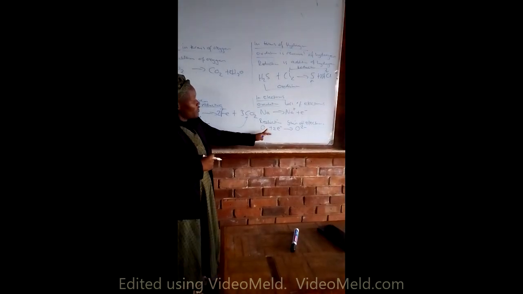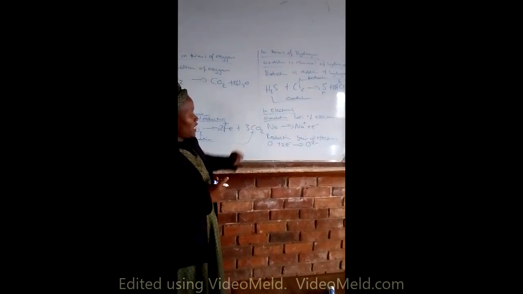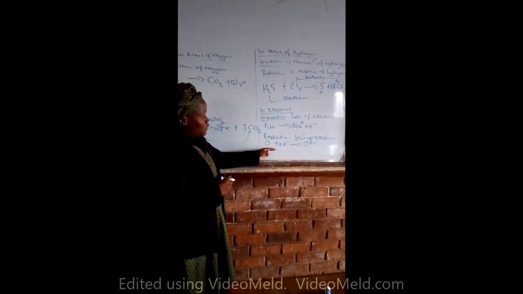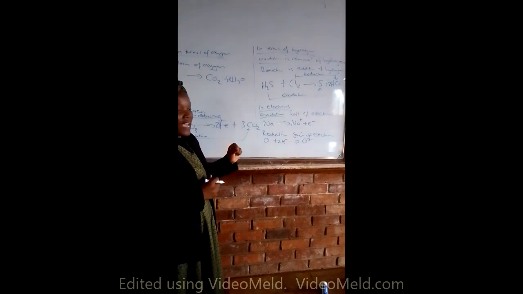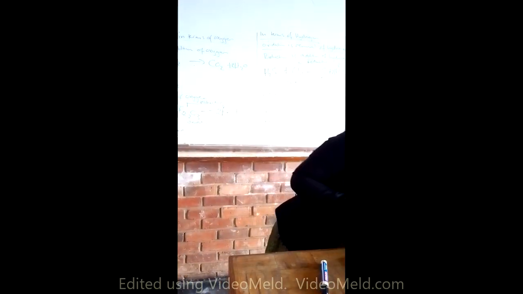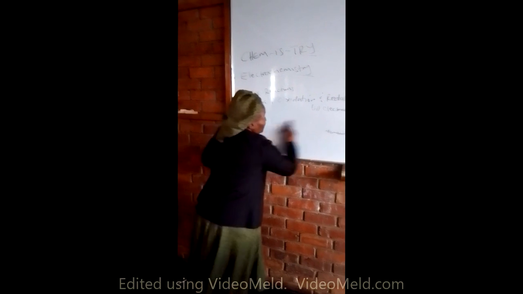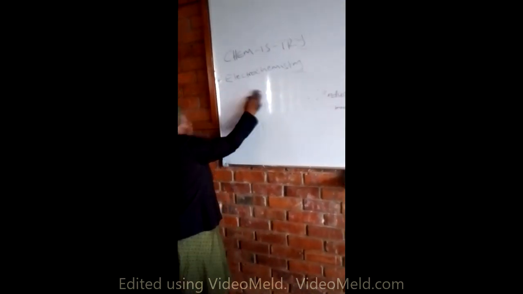So when I'm now reacting oxygen and sodium, let's note oxygen exists as a diatomic molecule in its uncombined state. So let's now look at the reaction which is taking place.